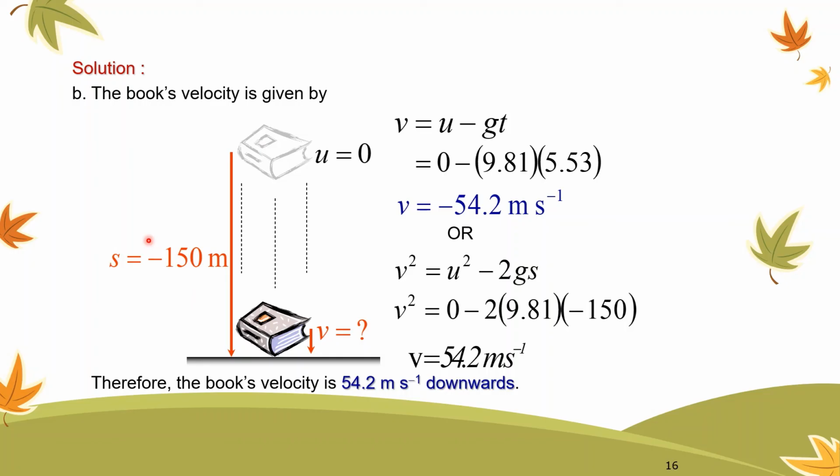Negative here because the book moves below the initial level. Therefore, we substitute the values into the formula and we get v equal to 54.2 meters per second. Note here that we get v with a negative sign. The negative sign means that the velocity is downward since the book moves downward.